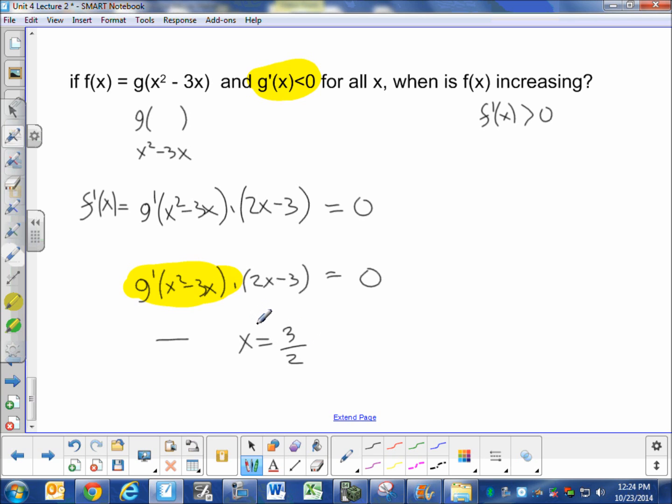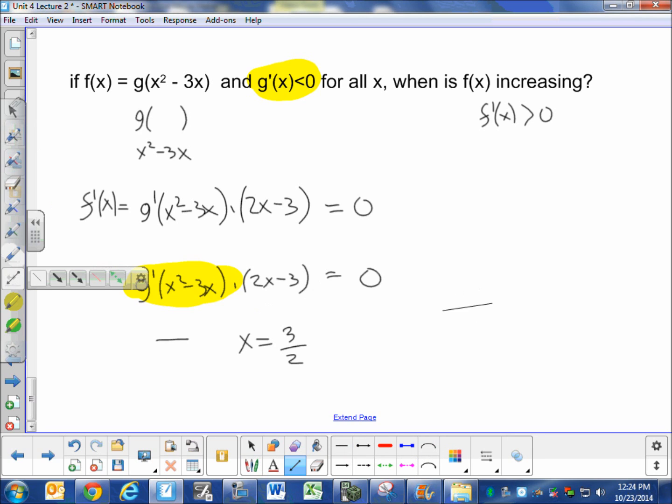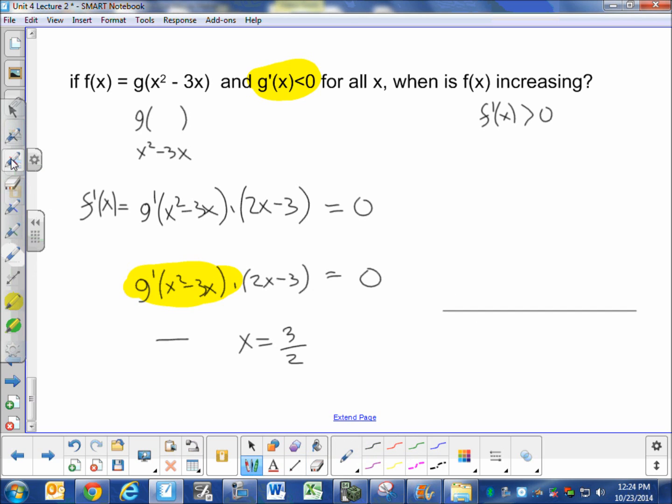Well, now I can analyze using our only critical value. This is our critical value. This is our possible max or min. By analyzing the signs of f prime around 3/2. Well, I start by plugging in a test point, let's say 5.